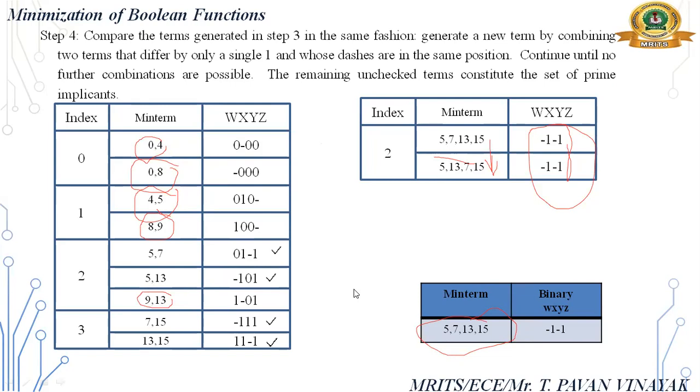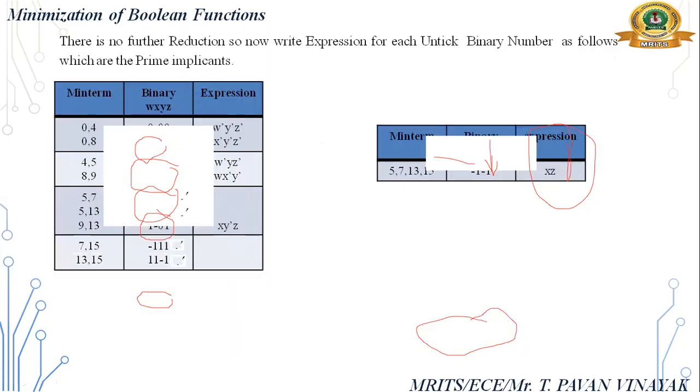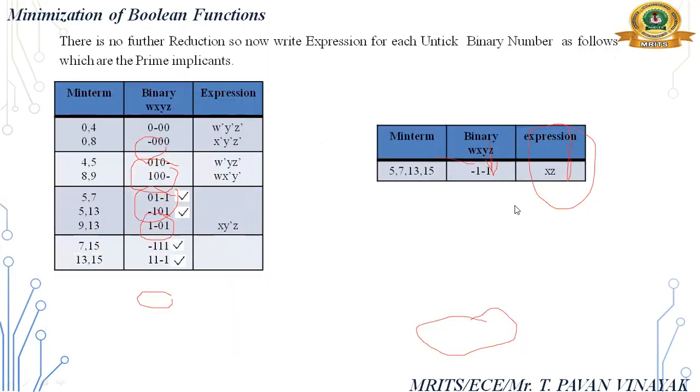So I am writing expressions for those. Don't write expressions for tick-marked terms because there is no need. 0 belongs to W, and here X is observed. So W bar, Y bar, Z bar, and this one X bar, Y bar, Z bar.